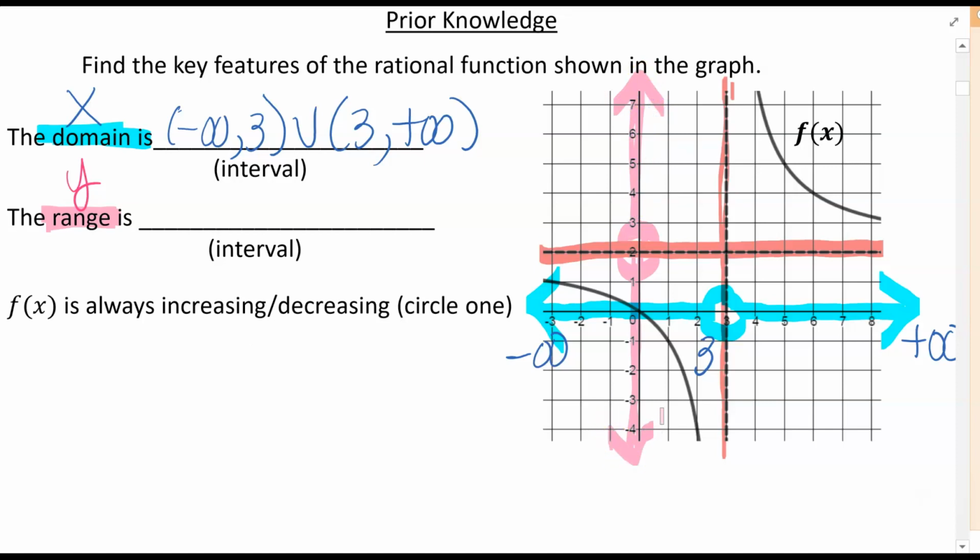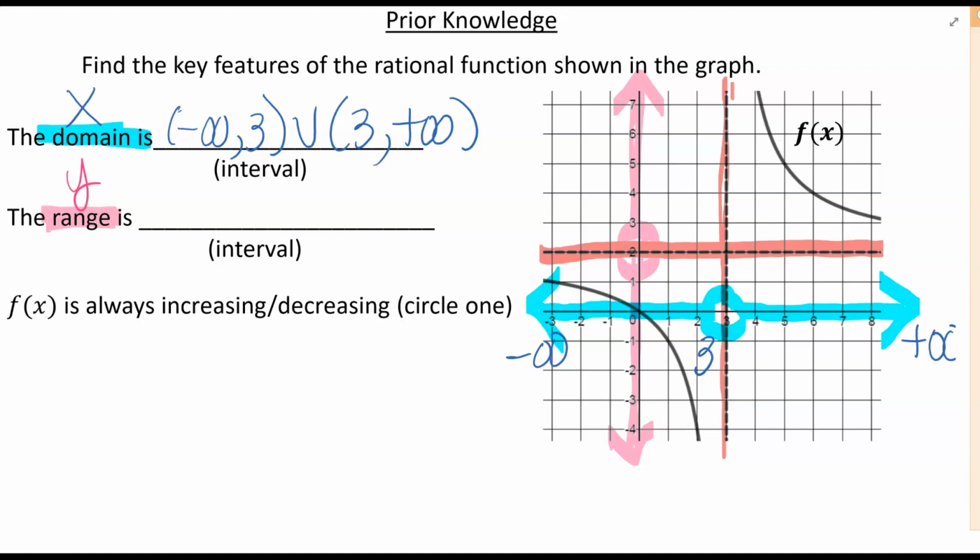So I take my highlighter on the y-axis from the bottom, go until you stop at the asymptote, put an open circle, and then continue going upwards on the y-axis. The asymptote says, again, you are not allowed to touch or cross that value.